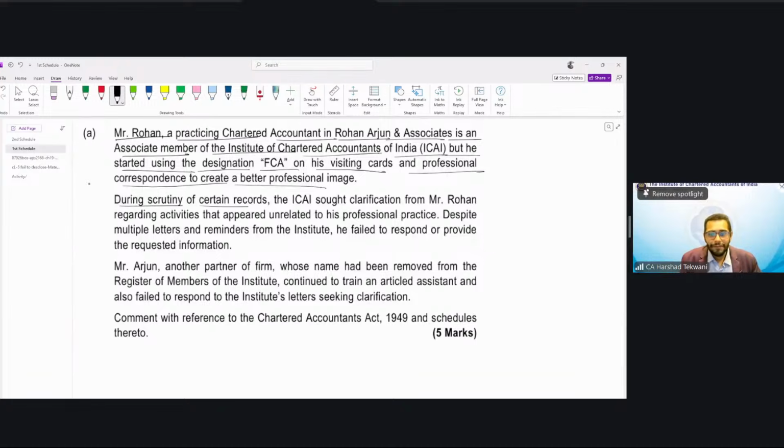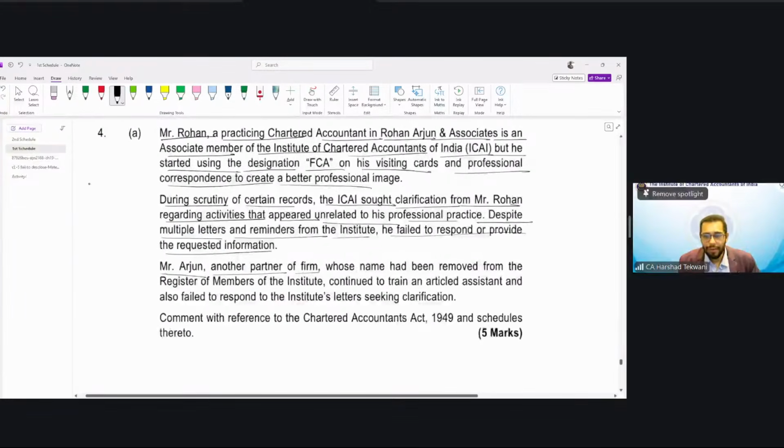During scrutiny of certain records, the ICAI sought clarification from Mr. Rohan regarding activities that appeared unrelated to the professional practice. Despite multiple letters and reminders from the institute, he failed to respond or provide the requested information. Mr. Arjun, another partner of the firm, whose name had been removed from the register of members of the institute, continued to train an article assistant, and also failed to respond to the institute's letter seeking clarification.